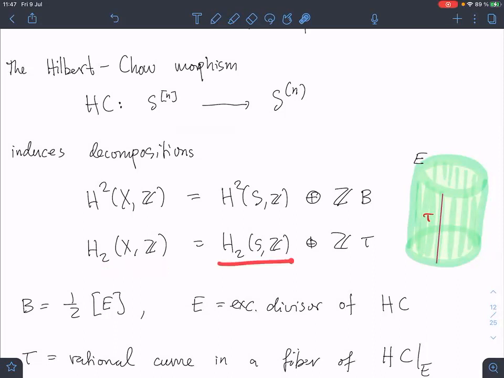This is just H_2 of S, and then you add one class, which corresponds to a ruling inside the exceptional divisor here. So the exceptional divisor is a bundle over something, and you basically get a rational curve in the fiber.